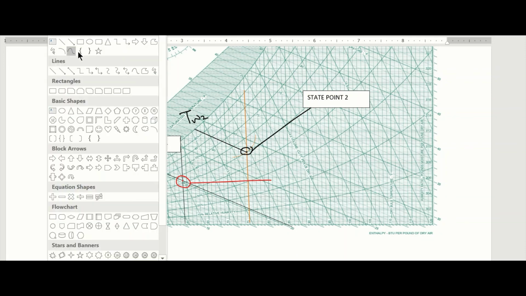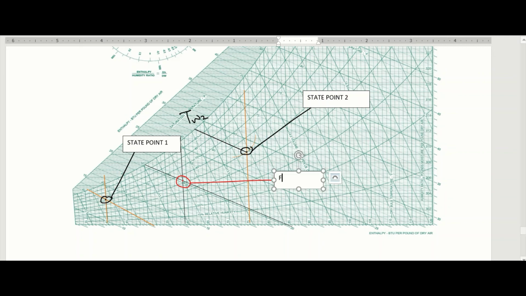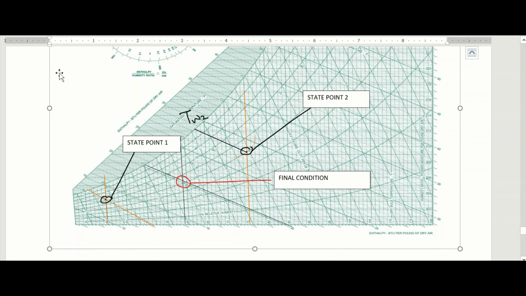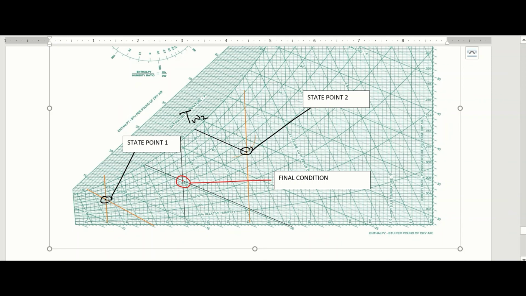Now at that point is where the two air streams are mixed adiabatically. So here's my final condition. These two air streams are going to meet at that point. That is what we call adiabatic mixture of air. So the state 1 air stream will meet at this point.